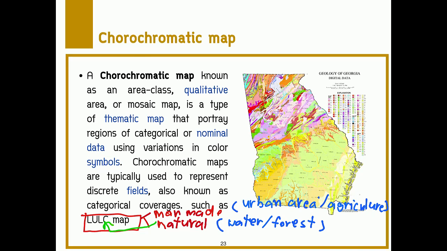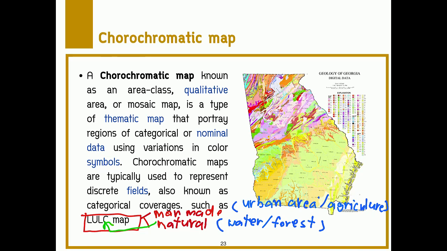That's why for urban area, they build construction like built-up area, residential area, commercial area, or industrial area. We integrate it as an urban area. Agriculture is also not from nature, right? We plant, we harvest, we do activity inside the agricultural area. That's why we call it man-made or land use map.